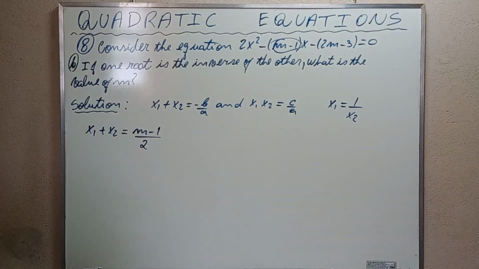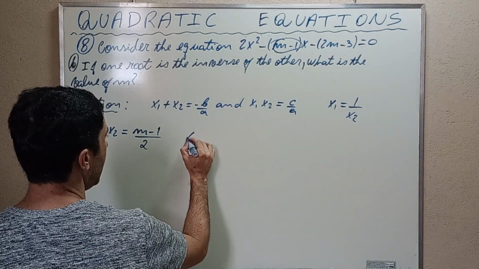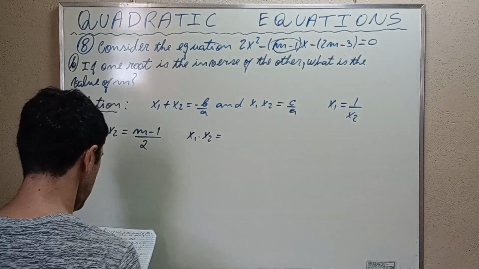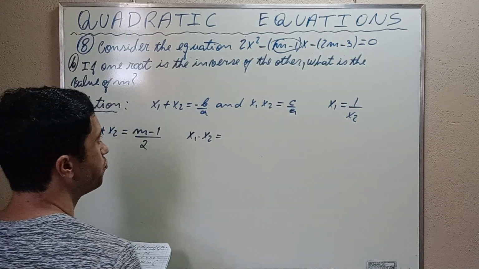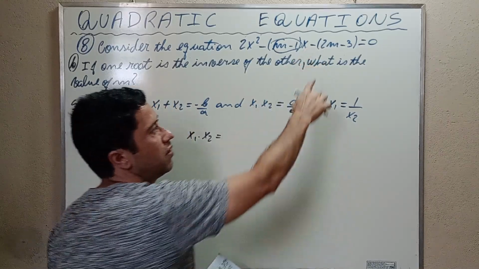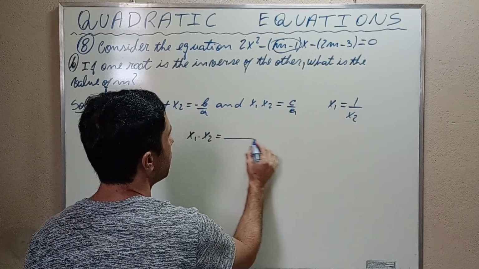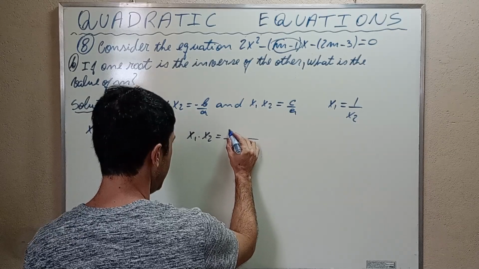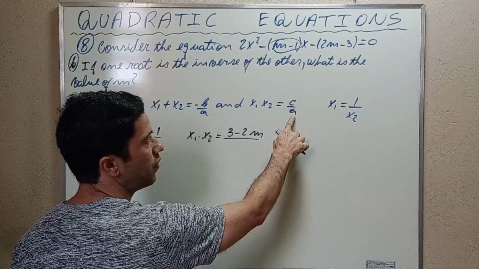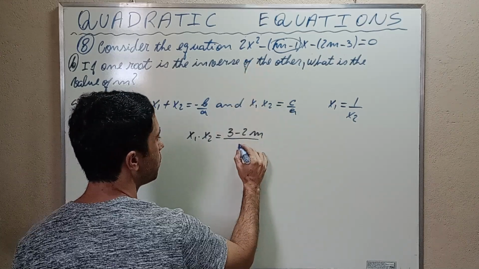And x1 times x2 is equal to c over a, which is equal to, I inverted the sign here because of this negative sign, 3 minus 2m, and I divide by a, which is 2.